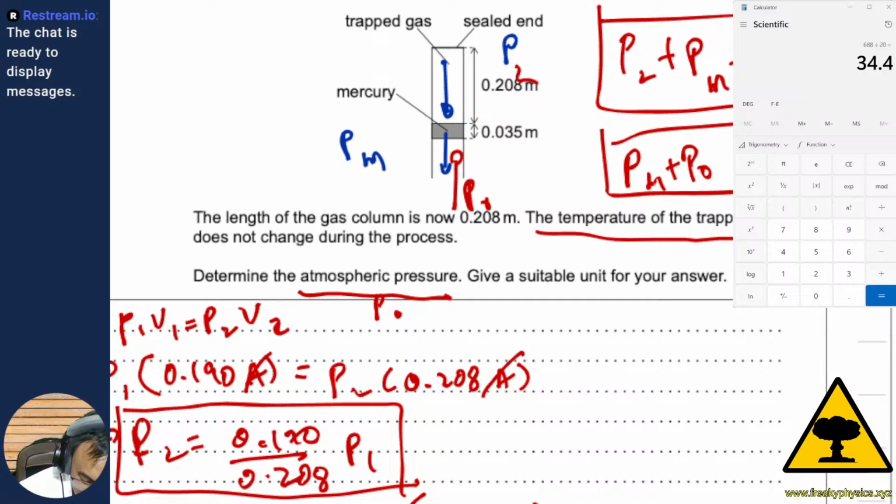So what are we gonna get? P0 times 1 minus 0.190 over 0.208 will be equal to PM times 1 plus 0.190 over 0.208.